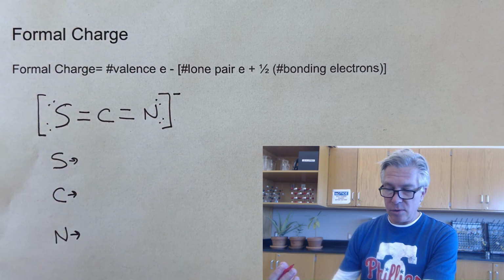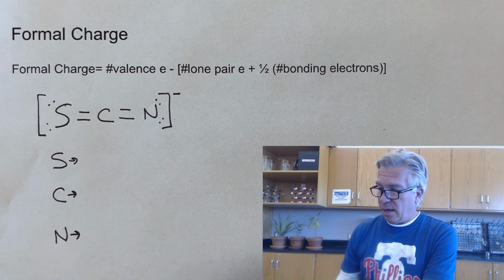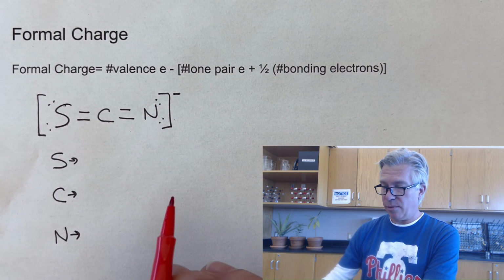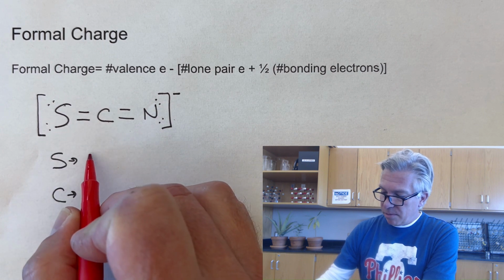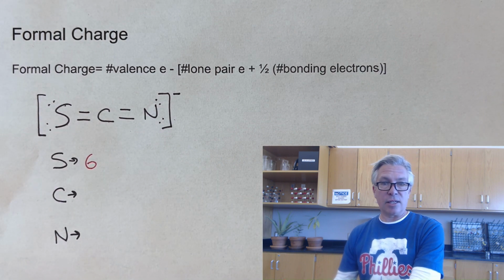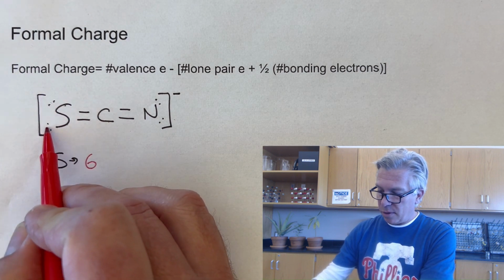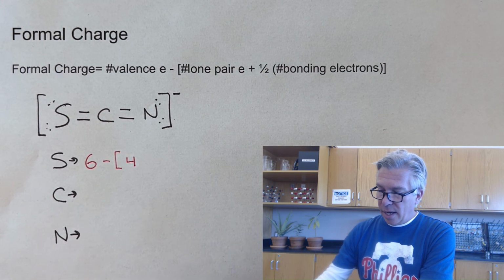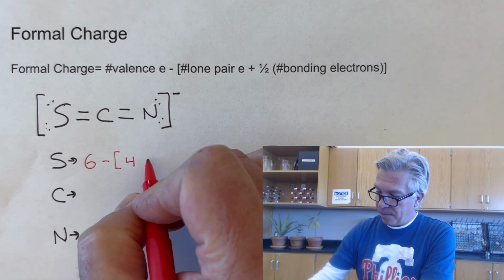I want to demonstrate it real quick, and I'll let you pause the video and try the other resonance structures to see how you do. I'm just picking the first resonance structure that we did. For sulfur, according to the periodic table, it starts with 6 valence electrons. In the final molecule, it has 4 lone pair electrons, and it's also got 2 bonds, which is 4 electrons, but half of those belong to the sulfur.